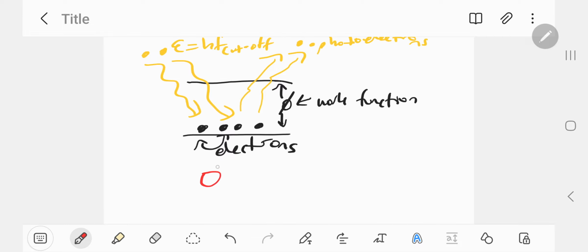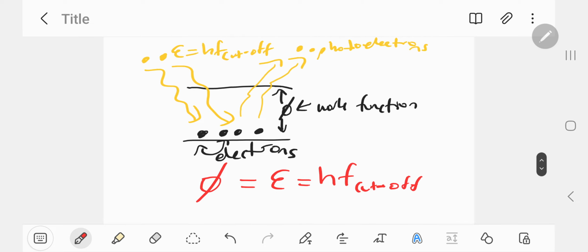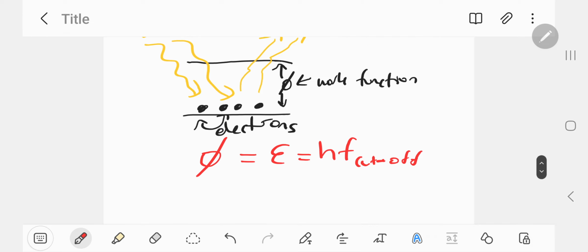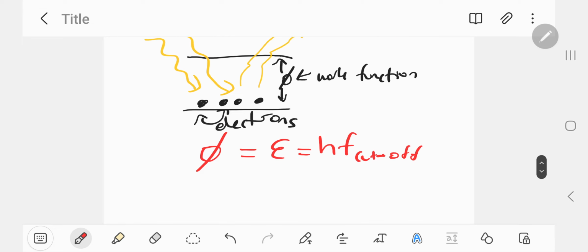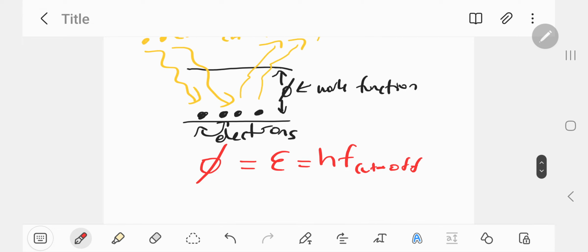And to overcome this work function phi, you needed the energy of the incident light, hf cutoff, the threshold frequency, to be equal to it. This condition needed to be satisfied in order to have a photoelectron ejected from the surface. Now, you can also have leftover energy.